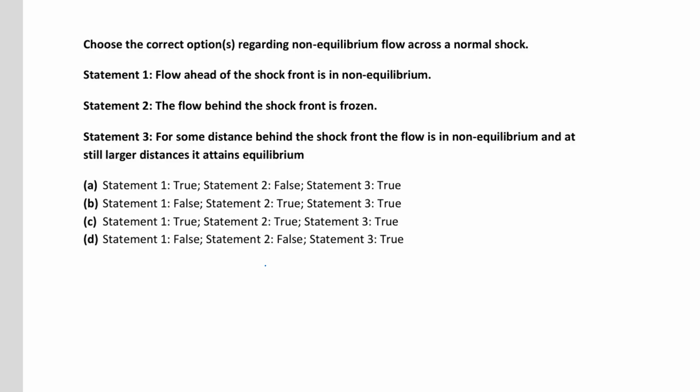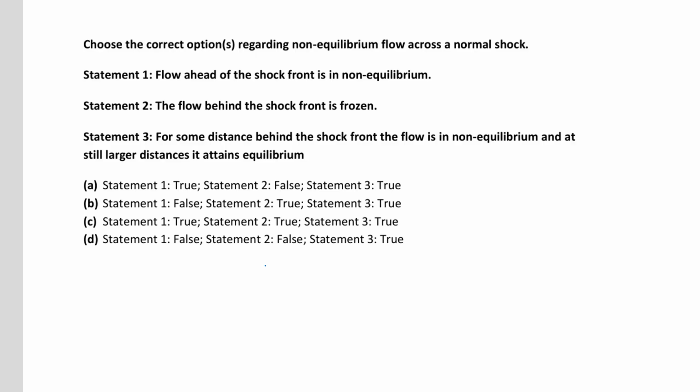So in this problem, 3 statements are given, and we have to tell which one is true and which one is false. It is regarding non-equilibrium flow across a normal shock. First we should know what non-equilibrium flow across the normal shock is.